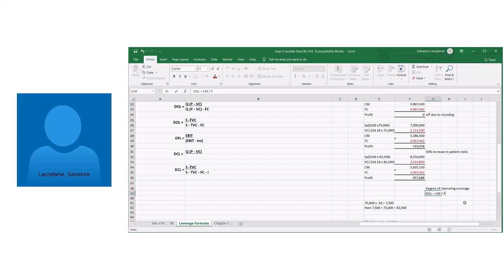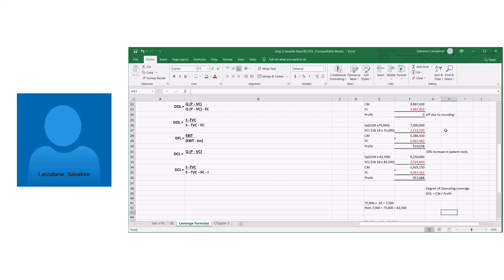Sales minus total variable cost is contribution margin. Sales minus total variable cost minus fixed cost is your profit.